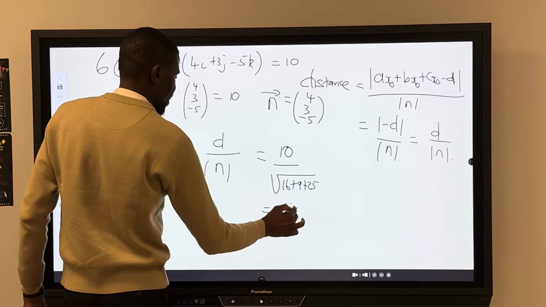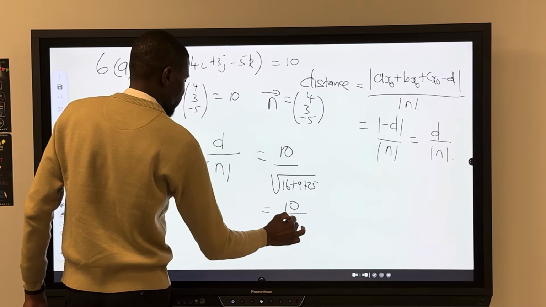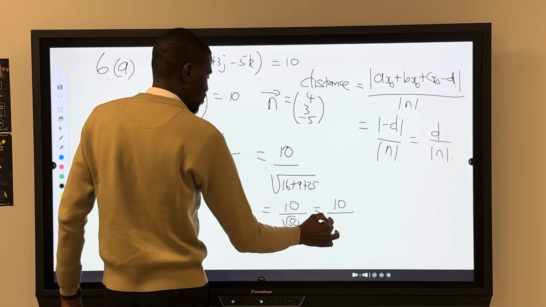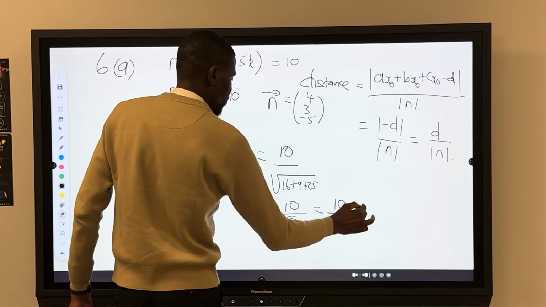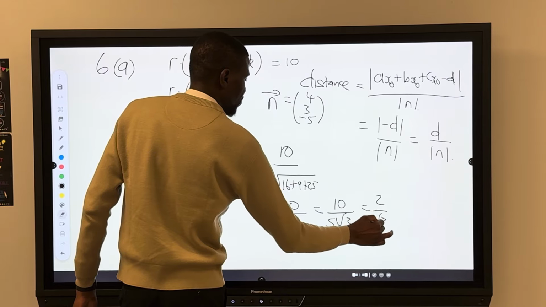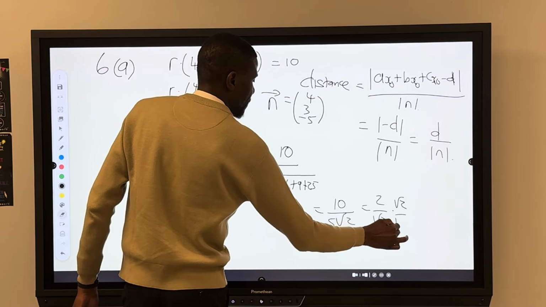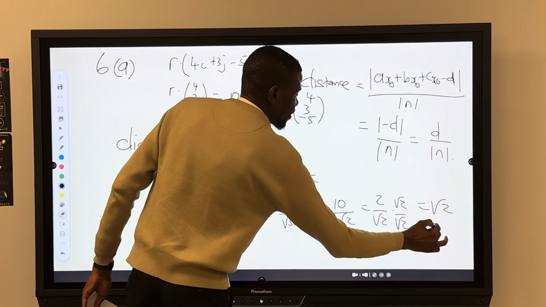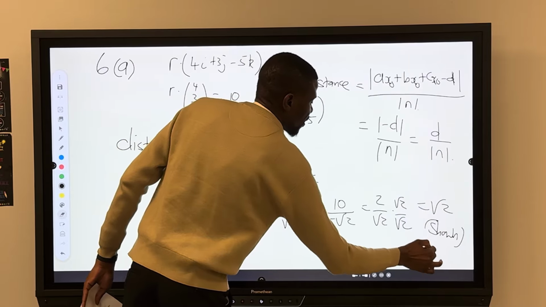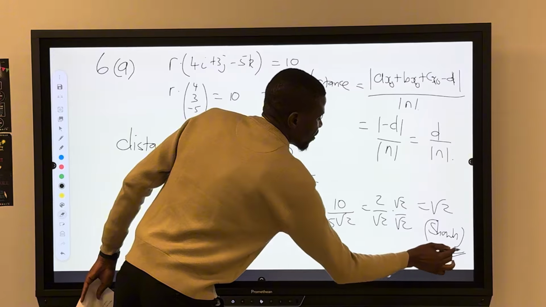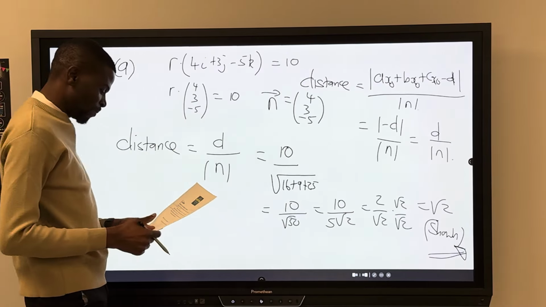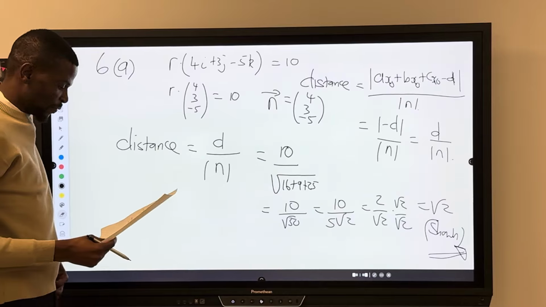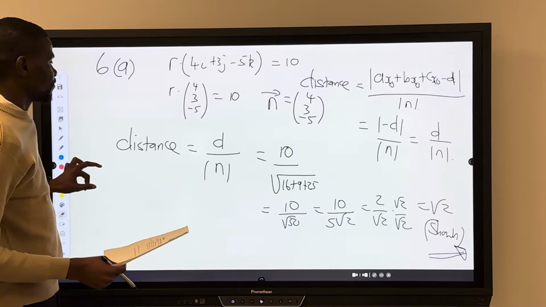So here it's 10 over square root of 50, which is 10 over square root of 25 times 2, that's 5 root 2, which is 2 over root 2. When I rationalize, it's going to be square root of 2. So this is what we are supposed to show. That distance there is square root of 2. Okay.